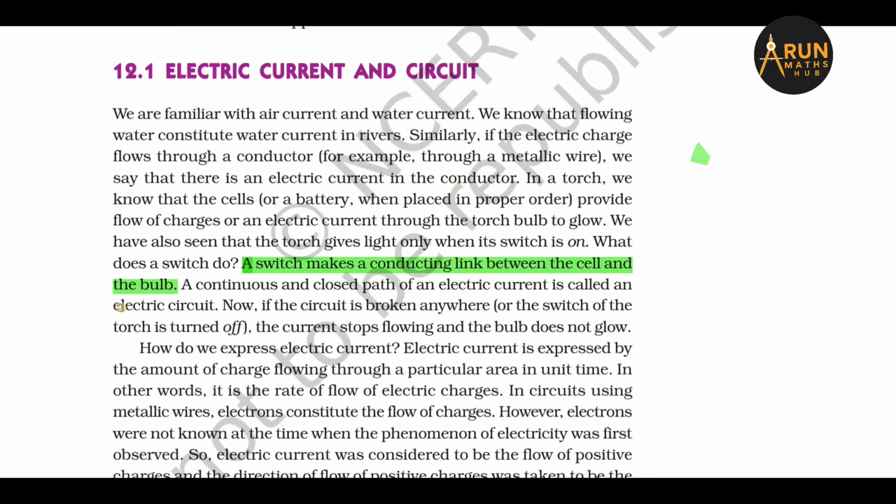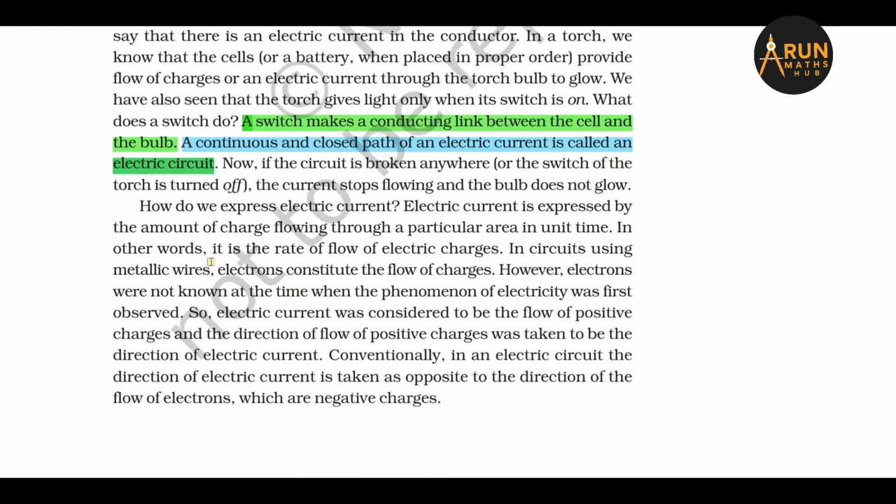Next, important definition, electric circuit. A continuous and closed path of an electric current is called an electric circuit. Next, the important definition you can expect is the definition of electric current.